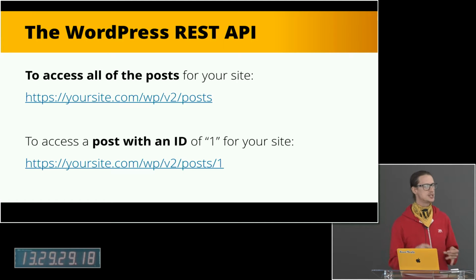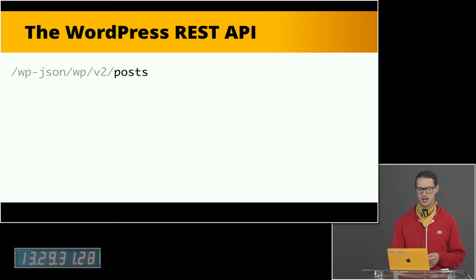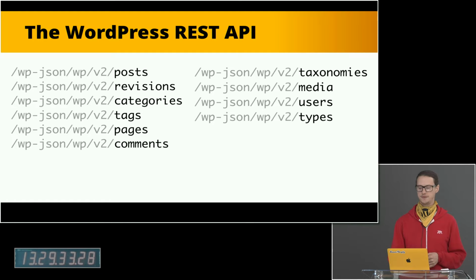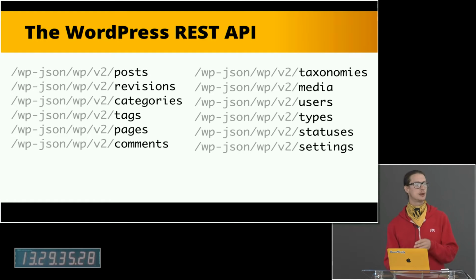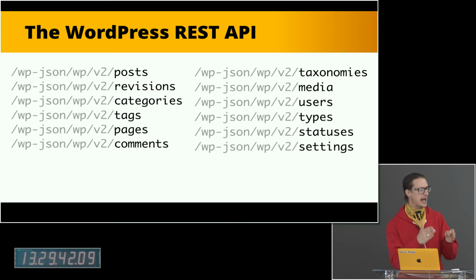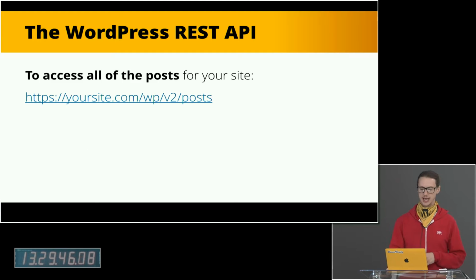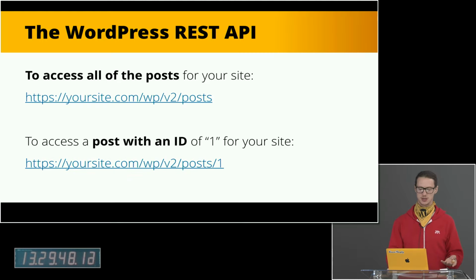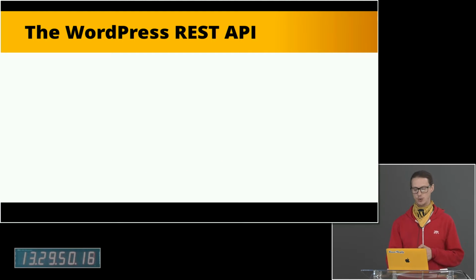So same is true of pages, media, all of these different endpoints. If you put / and then an ID number after it in some sort of format that's a little bit different for some of them, then you're going to get just that one post or just that one page. So again, this will get us all our posts. This will get us one post with the ID of 1.